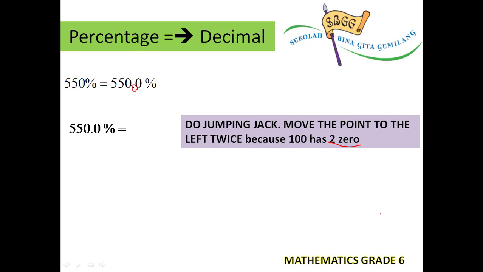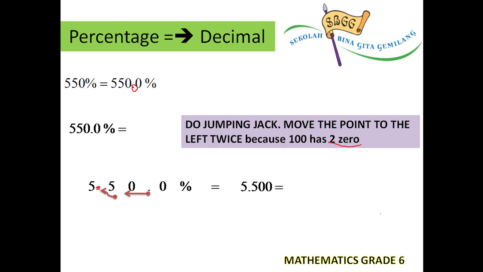That's the reason. We continue. I make some space here. So 550.0%. We do the jumping jack once and twice. So the point stops here, and the result will be 5.500.